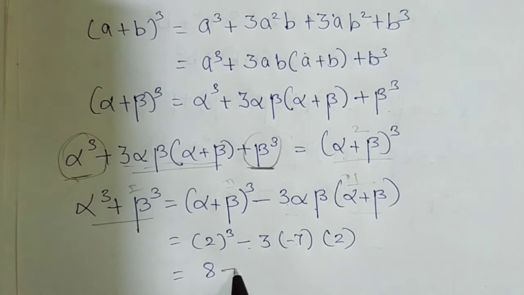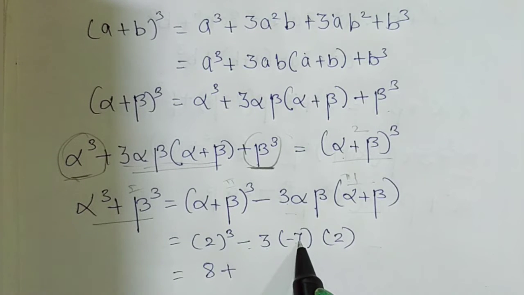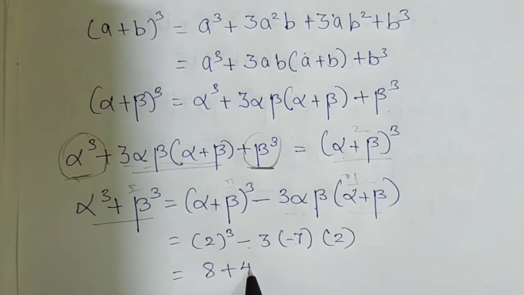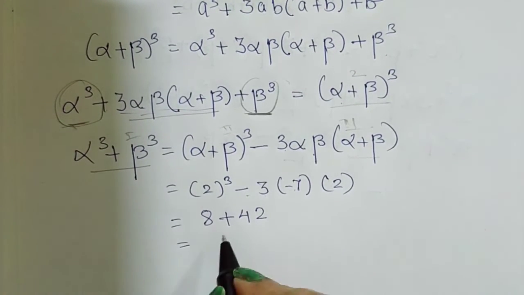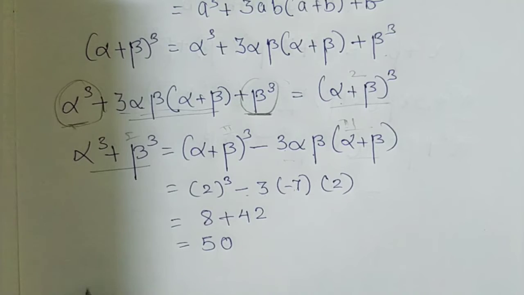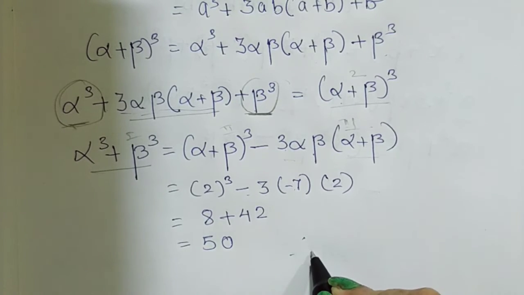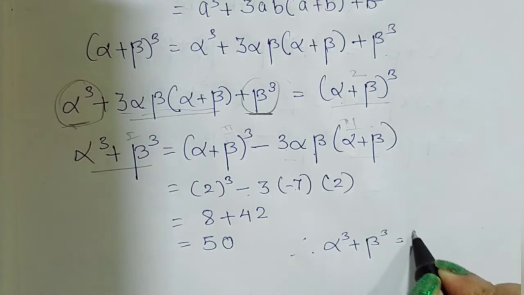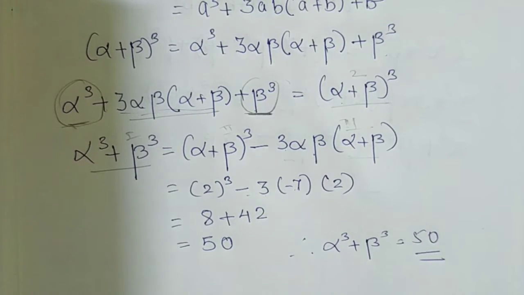This minus minus, plus sign will come. 3 sevens are 27. Sorry, 21. 21 twos are 42. Our answer is 50. So therefore we got alpha cube plus beta cube value 50.